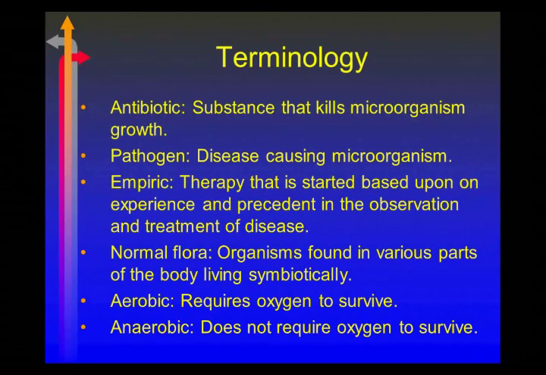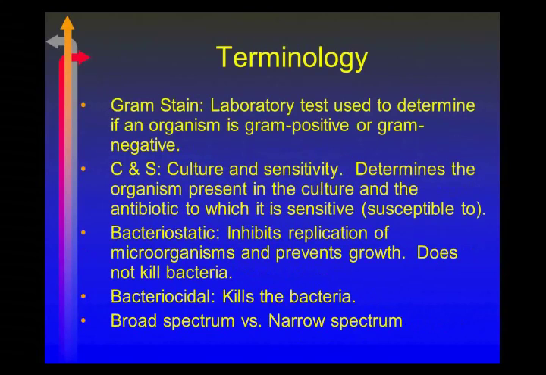Normal flora, we know, is the stuff that's growing with us, within us normally, and we're living symbiotically with it. In fact, if you don't have them, you can actually run into problems. The terms aerobic and anaerobic you should know from micro. Gram stain is the process by which we determine if it's gram positive or gram negative. Culture and sensitivity is, again, identifying the organism and finding out what it is susceptible to.